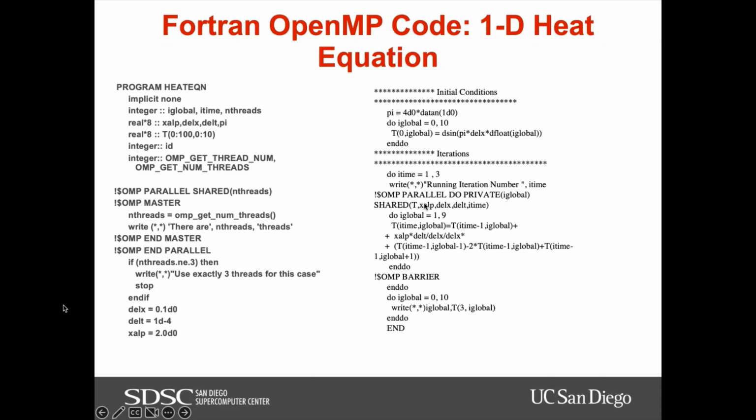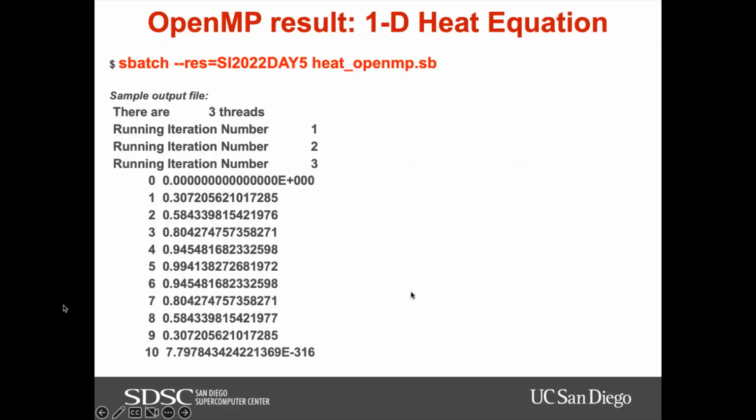And actually that wouldn't have mattered, I think, but anyway. And then the shared part is basically all the temperature, the alpha, the delta x, delta t, and time. So it just takes this loop and parallelizes it, essentially. And then we write the solution out.